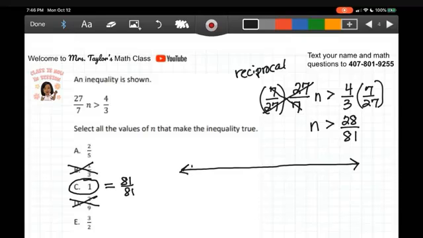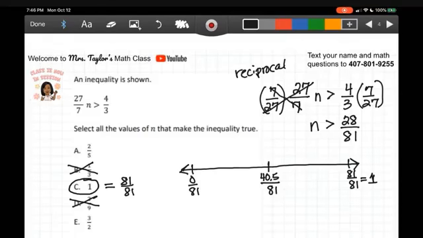So over here I have 0, or 0 over 81, and over here I have 81 over 81, which is the same thing as 1. So that's why I picked 1. The halfway point here would be 40.5 over 81, because that's half of 81. So where would the 28 be? The 28 would be here, just somewhere in between. 28 over 81.